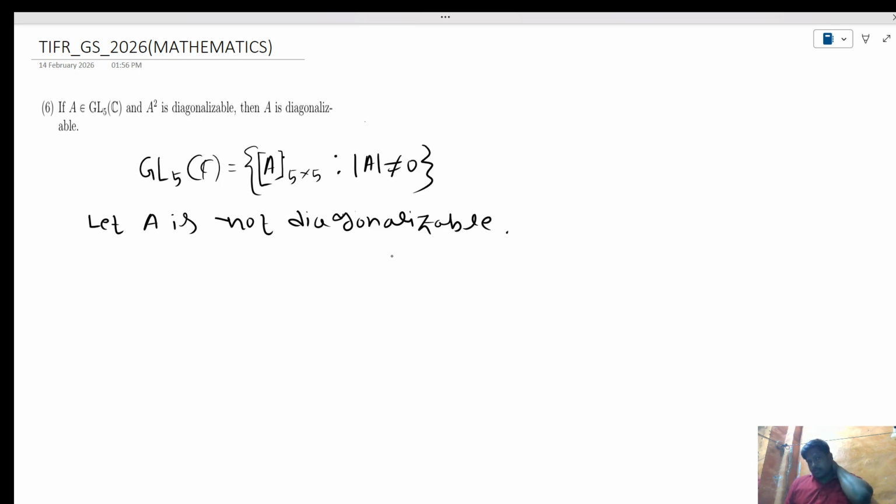We know that if a matrix is diagonalizable, then its canonical form is strictly a diagonal matrix.